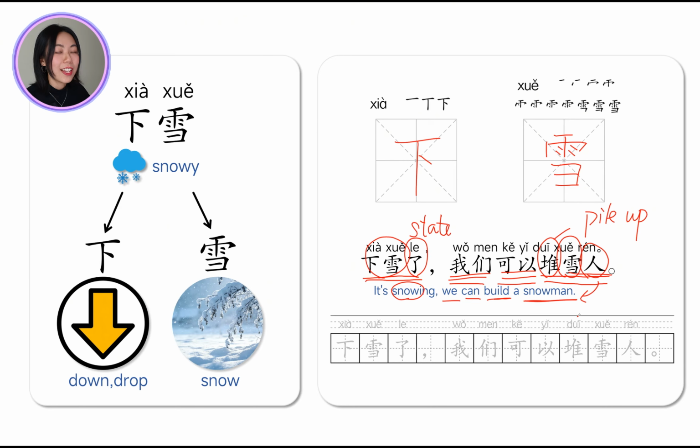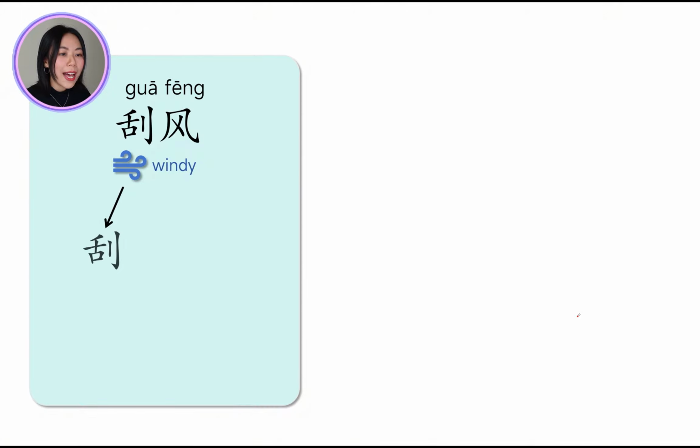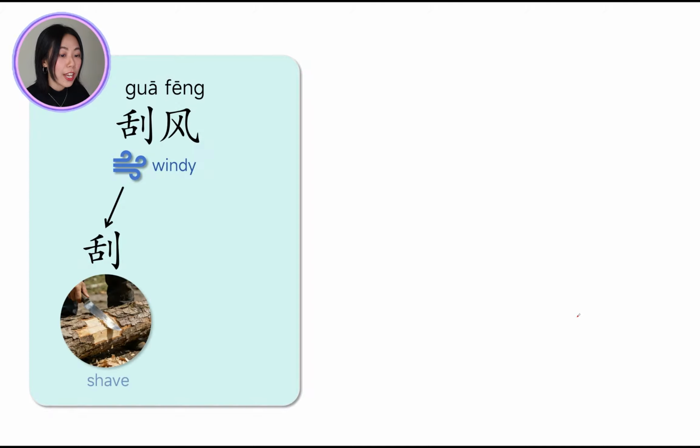Okay? 下雪了，我们可以堆雪人。下一个，刮风. 刮风 means windy. 刮 means to shave. The right part of the 刮 is a knife radical.